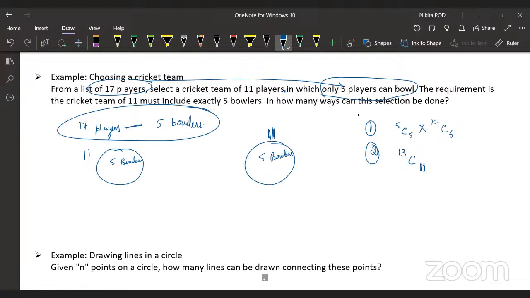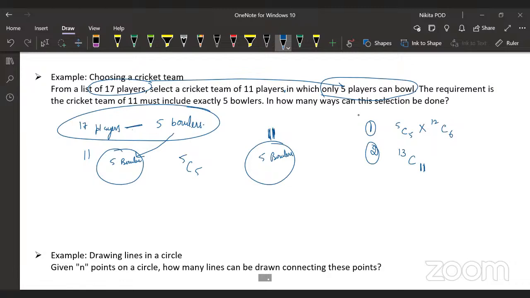And how did you get this? Because you have 5 bowlers in 17, and you need to choose all 5 bowlers anyway. So I'm considering all these 5 bowlers as only one unit. Whatever bowlers are there, you need to select them anyway, correct? So there are 5 bowlers. You will select all these 5.